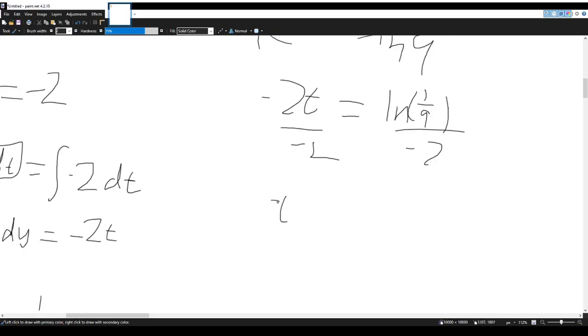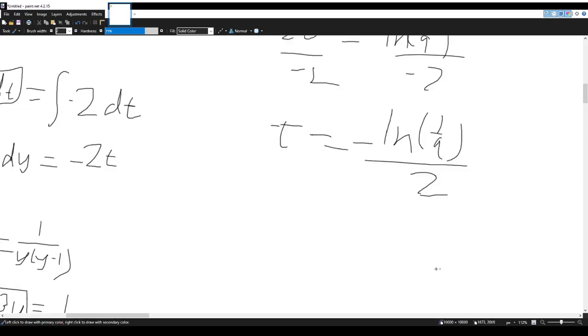And then finally divide by negative 2. So t equals negative natural log of 1/9 over 2. Obviously, you'd have to plug this one into the calculator. So let me just do that. Negative natural log of 1/9, divided by 2.